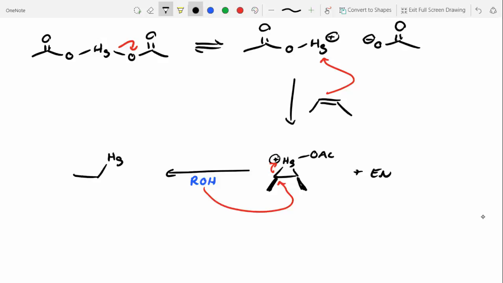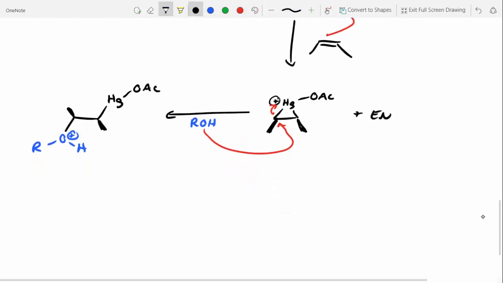And we've got HgOAc. We've got our alcohol added in. This is anti-addition, so it's important to remember our regiochemistry still.